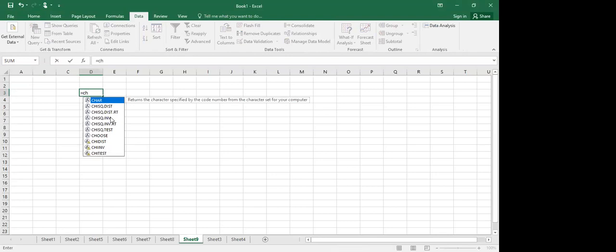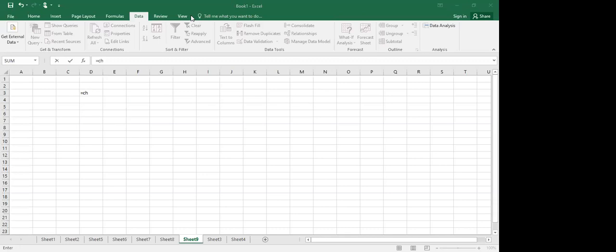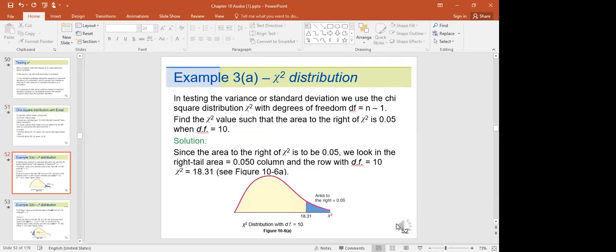If you remember, the question we had was for a right tail. Let me go back again for you to understand what I'm talking about. In testing the variance or standard deviation, we use the chi-square distribution. Find the chi-square value such that the area to the right of chi-square is 0.05 with degree of freedom 10.